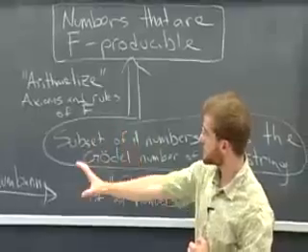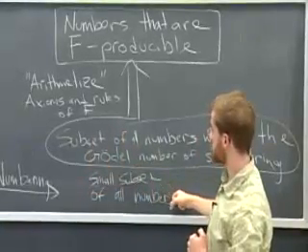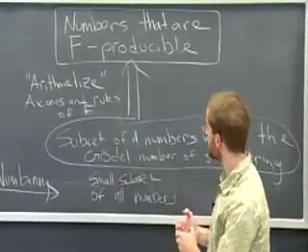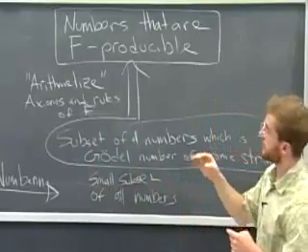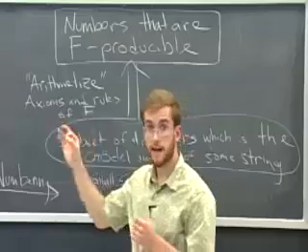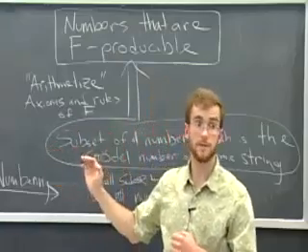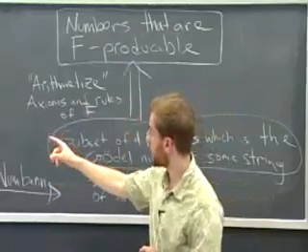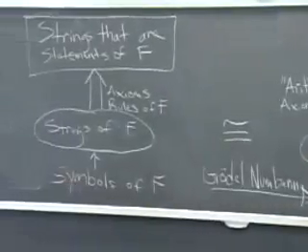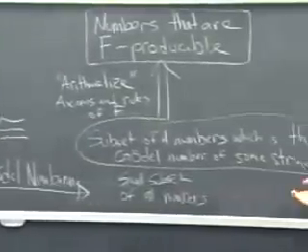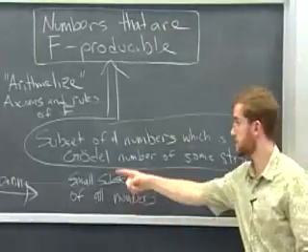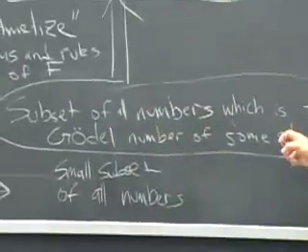So we have now symbols of F corresponding to a small subset of all natural numbers. We then have this correspondence, this exact, mathematically precise isomorphism between strings of F and a subset of all numbers, which is the Gödel number of some string.